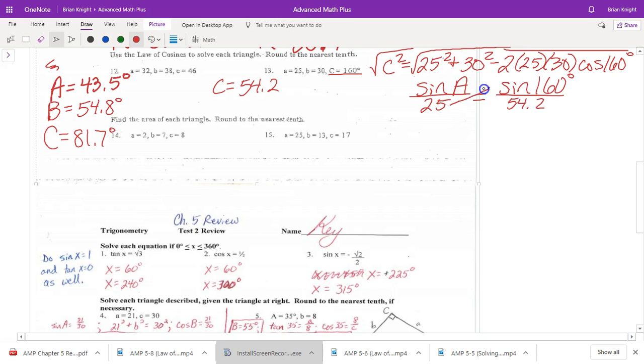I move the 25 over here and take the inverse sine. So inverse sine of 25 times the sine of 160 divided by 54.2. If you put all that in your calculator correctly, you should get 9.1 degrees.